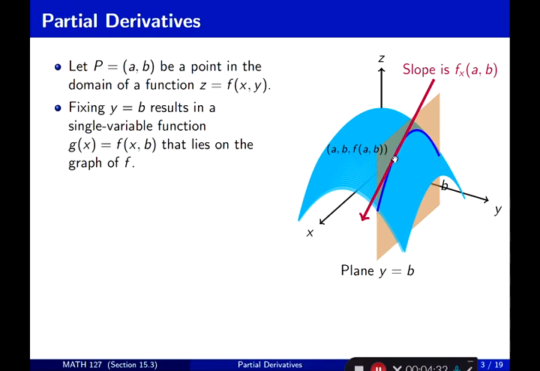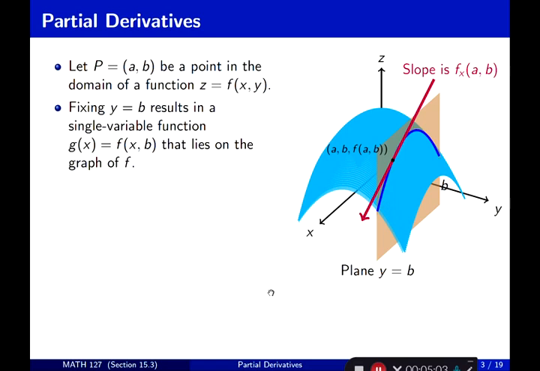And so at this point, you're finding the one single variable derivative of the blue curve, not the entire surface, but just the blue curve. And so the slope of the tangent line to the blue curve at that point is called f sub x of a and b.